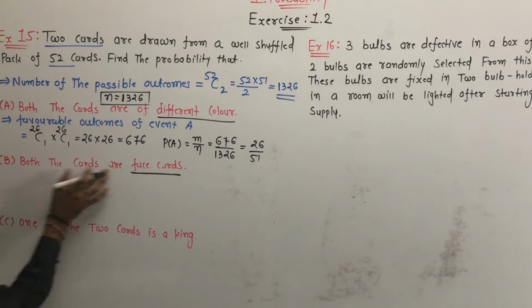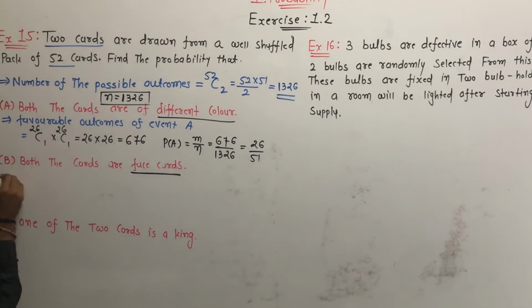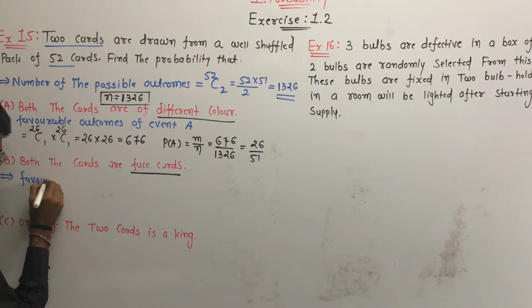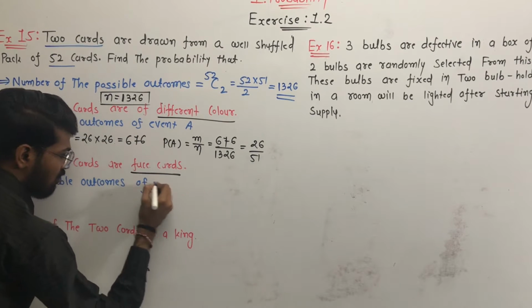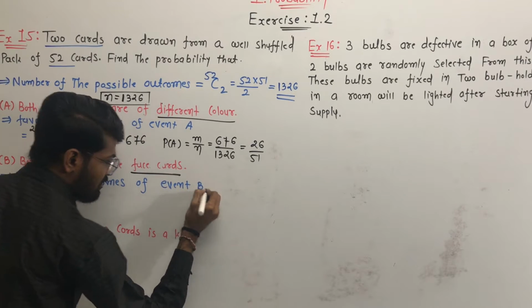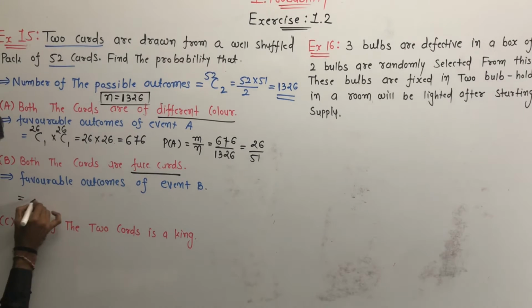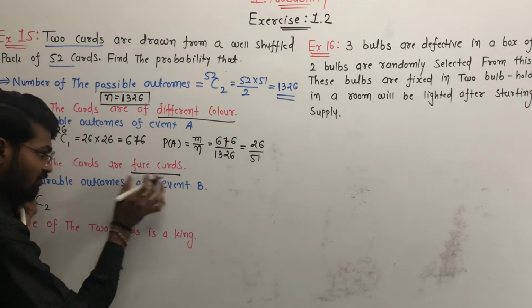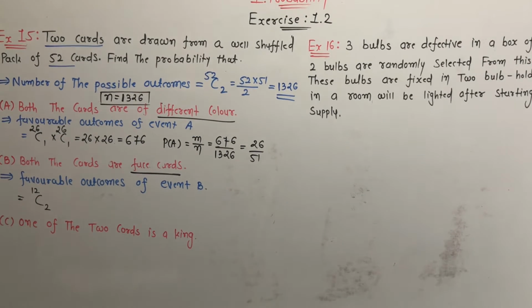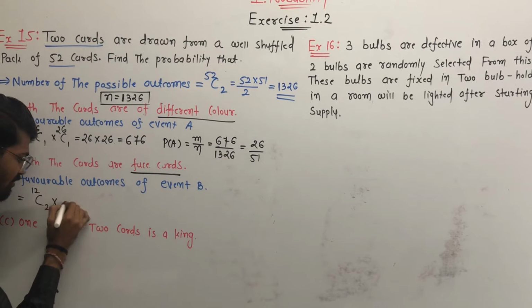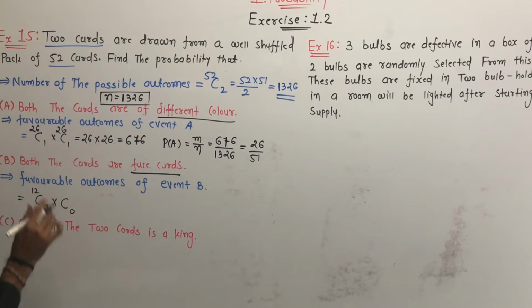Our event B is that both cards are face cards, and the favorable outcomes of event B are to select 2 cards out of the 12 face cards. Do we have to select any card from the remaining cards? No, because we have to select a total of 2 cards only.